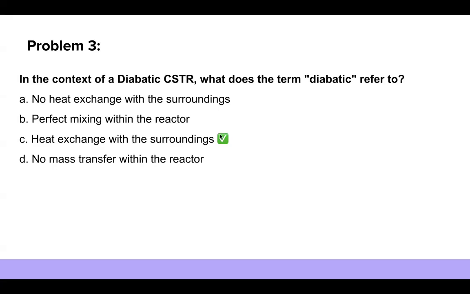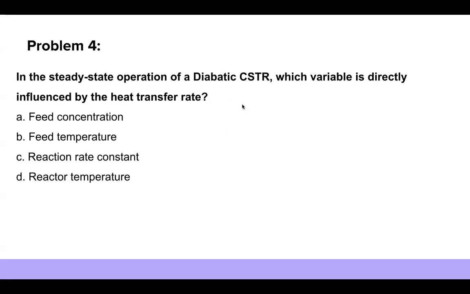Within the system there is heat exchange. And yeah, the next question.